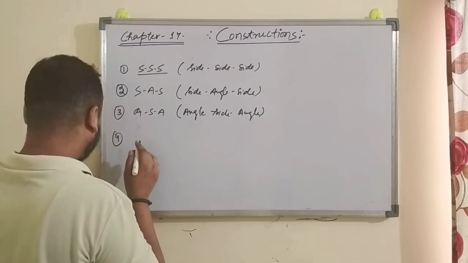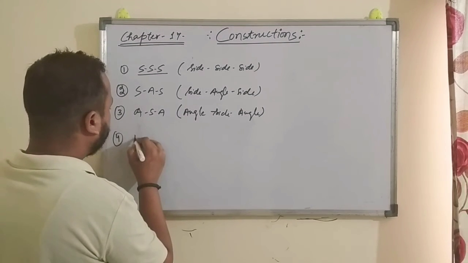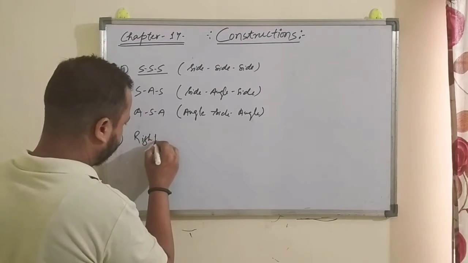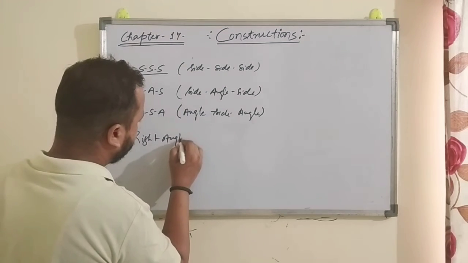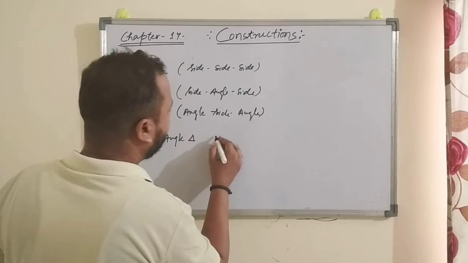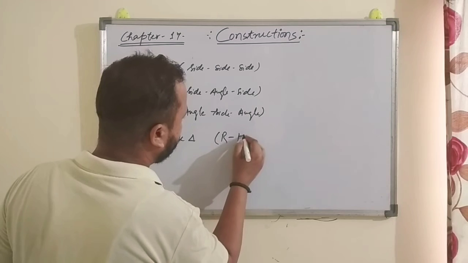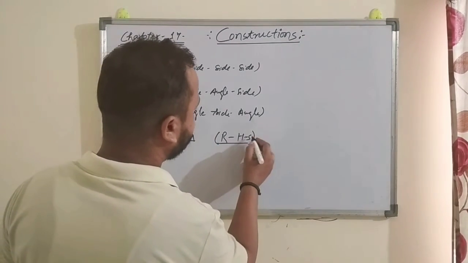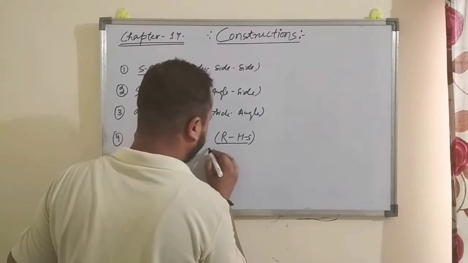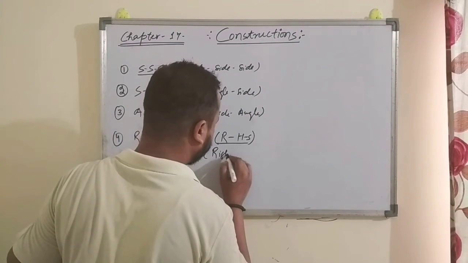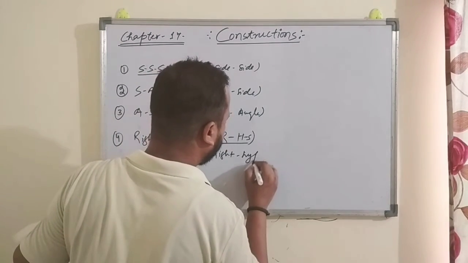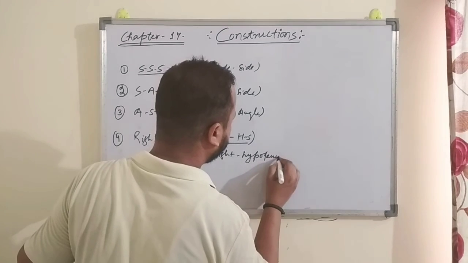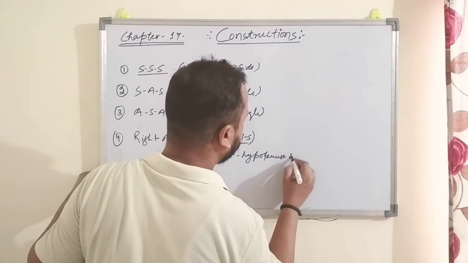And the fourth one is the right angle triangle, which is also known as RHS: right angle, hypotenuse and side. You have to write it as right, hypotenuse and side.